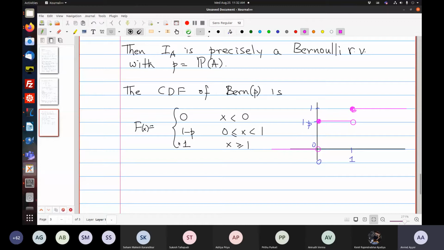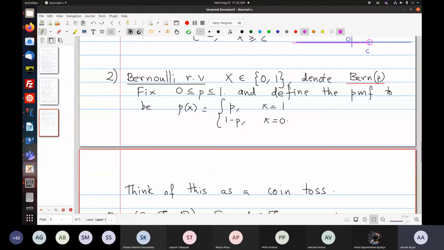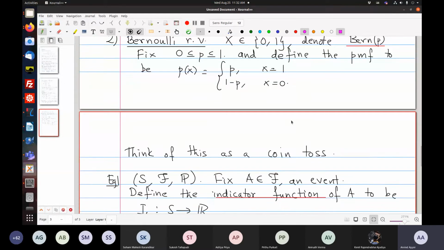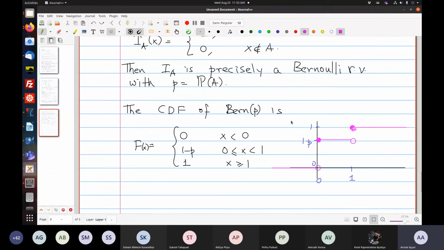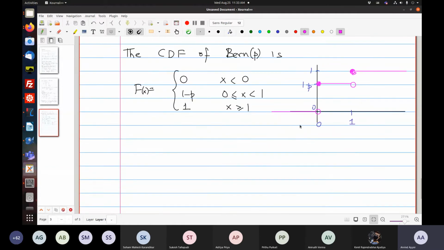Is everybody understanding why it's 1 minus p and not p? Because for any x strictly between 0 and 1, the only contribution comes from x equal to 0, and that has value 1 minus p. Okay, very good. So this is, as I said, one important family.